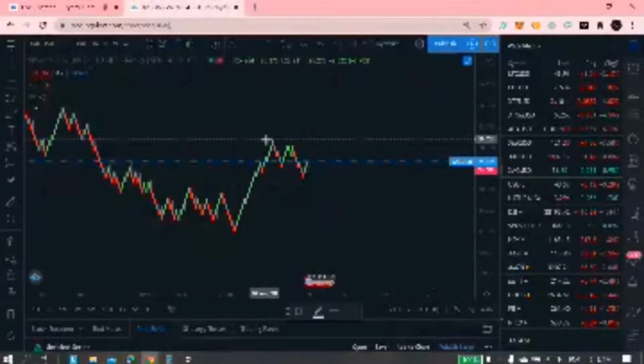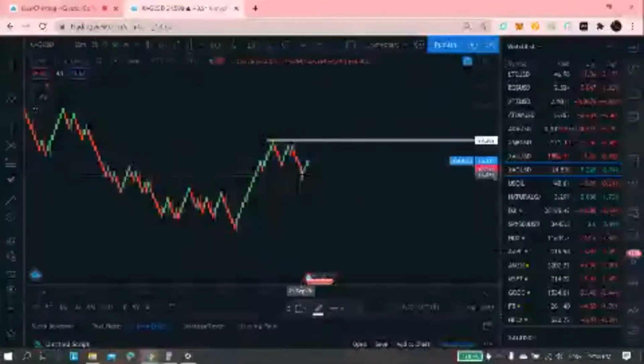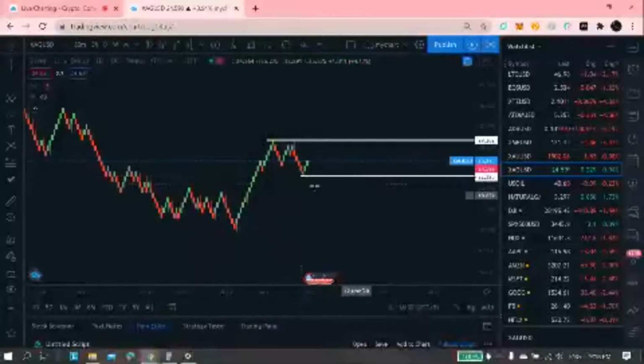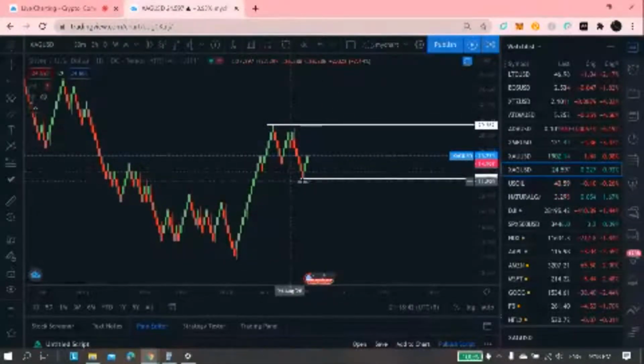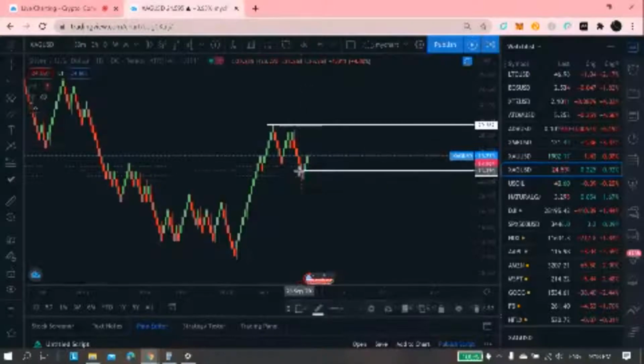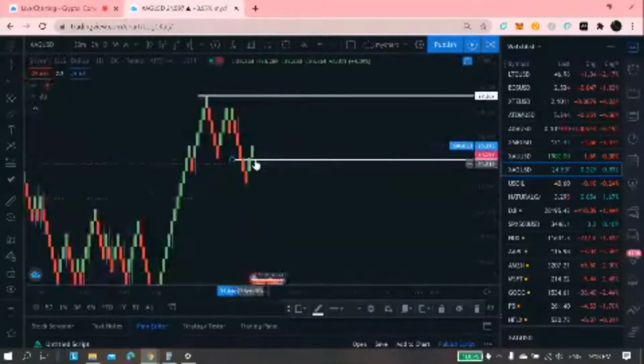So it could possibly retest this area, and of course I'm looking at this area as a possible stop loss, or actually if I'm trading, I'm using each bar as support and resistance, and I'm adjusting depending on where the Renko chart is.